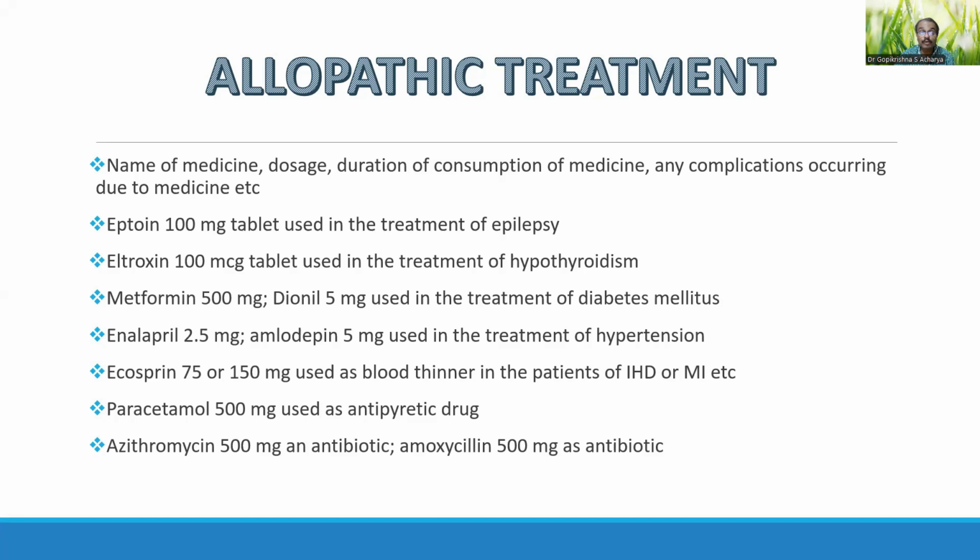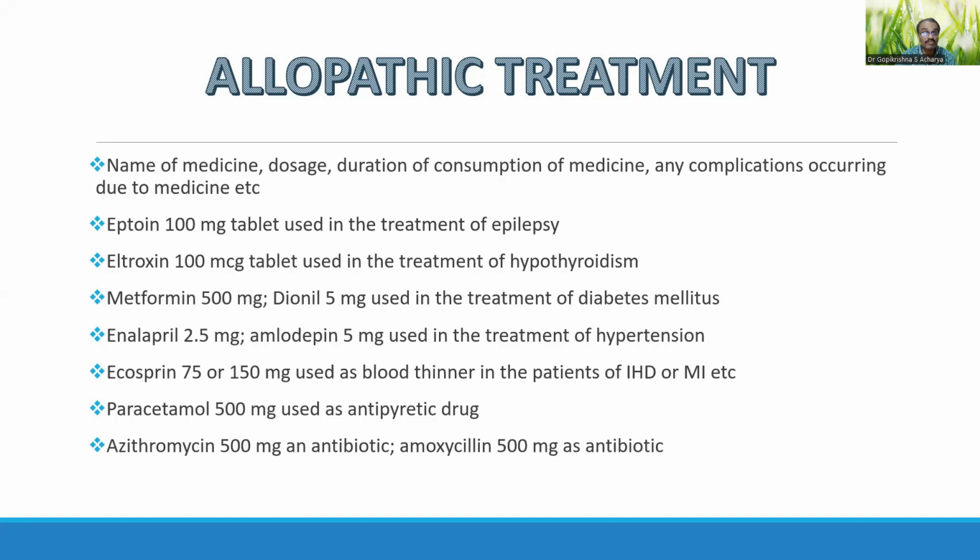For example, Eptoin, usually a 100 mg tablet, is specifically used in the treatment of epilepsy. Eltroxin, 100 mcg tablet, is usually given in the treatment of hypothyroidism. Metformin 500 mg, Daonil 5 mg, etc., are used in the treatment of diabetes mellitus. Enalapril 2.5 mg, amlodipine 5 mg, etc., are used in the treatment of hypertension.